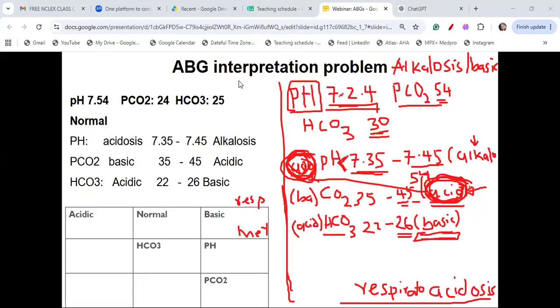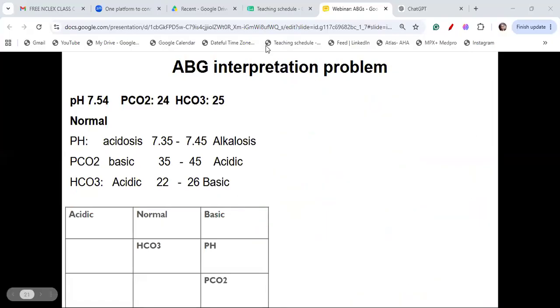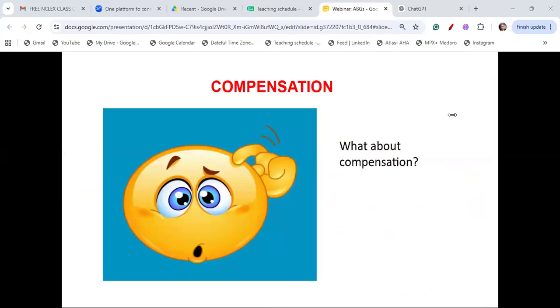Good. I can see that at least a good number of us have understood this well. Now I introduce the final bit, which is compensation. I've said there are various ways of doing all this. I will not be giving you the shortcut of saying which goes which direction. You've seen how I present my interpretation.